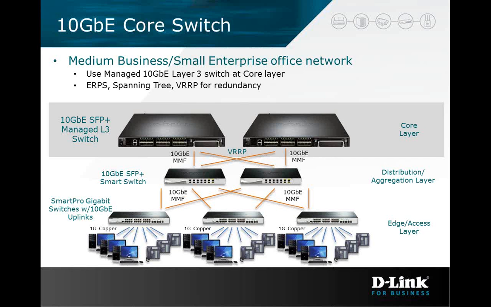These are fairly sophisticated switches, but certainly worthy in the core of this type of network. So that's a summary of a typical business network tiered this way, with edge switches that are gigabit, uplinking 10 gig into the aggregation layer, and then from the aggregation layer, 10 gig or 40 gig uplinking into the core of the network.